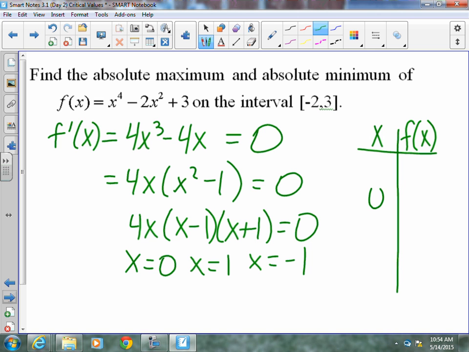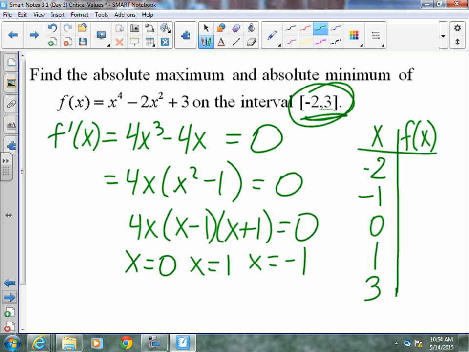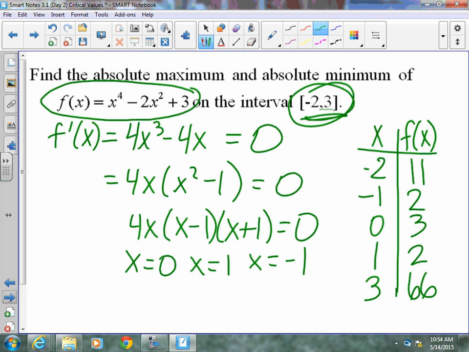Not only at -1, 0, and 1, I want to keep them in order, but also at -2 and 3, because those are our endpoints. When we plug -2 into our original function, into our f of x, we get an 11. At -1, we get a 2, at 0, we get a 3, at 1, we get a 2, and at 3, we get a 66.